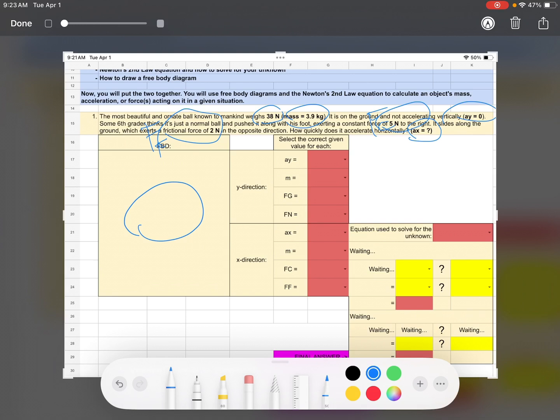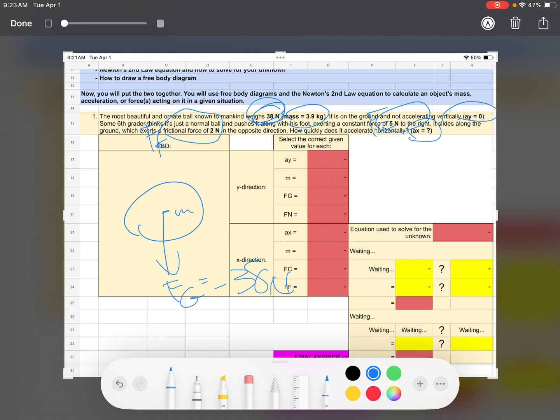Remember, simple shape, center mass dot, label it M, first force, F of G, pointing straight down, equal to the weight of the object given in the problem in newtons. All right, 38 newtons, but it's pointing down, so negative 38 newtons. And then next step for drawing an FBD, all other forces.